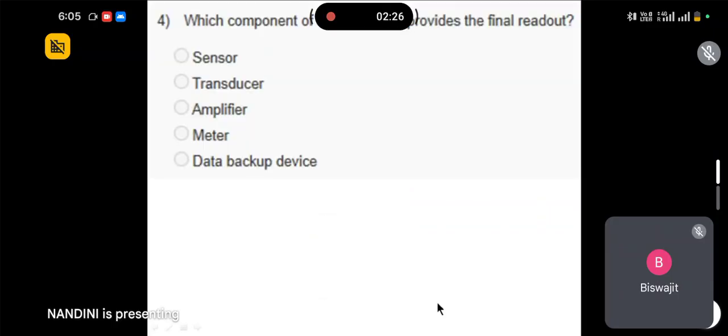So the first question is, which component of an instrument provides the final readout?